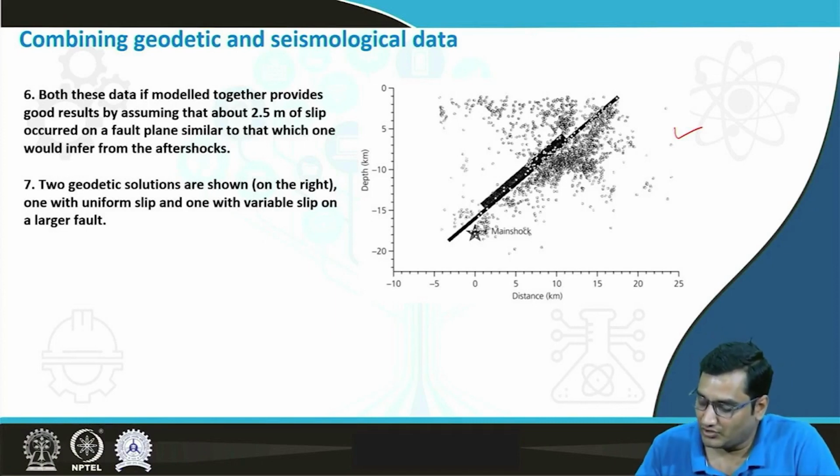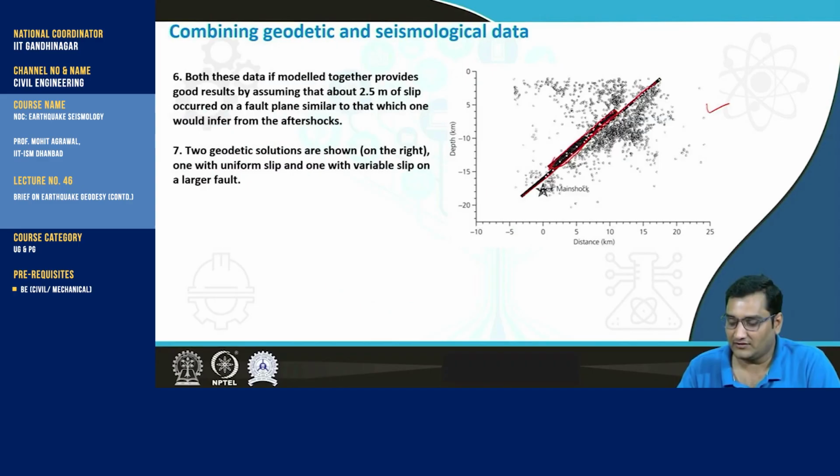So there are two models. One is having uniform slip on a smaller fault, that is this one, and there is a longer fault that is having variable slip. So both of the models are providing good results if we model both of the data together. And this is the location of the main shock.